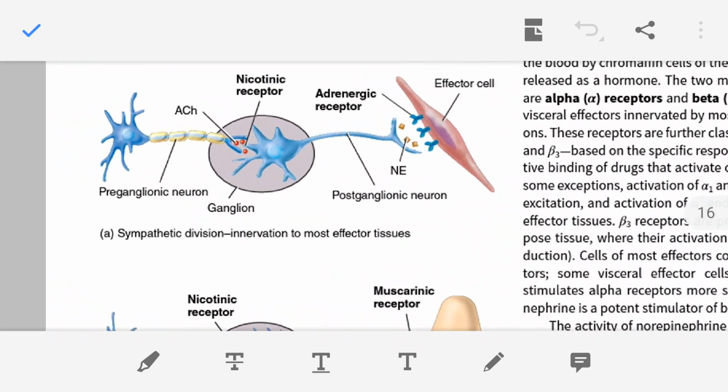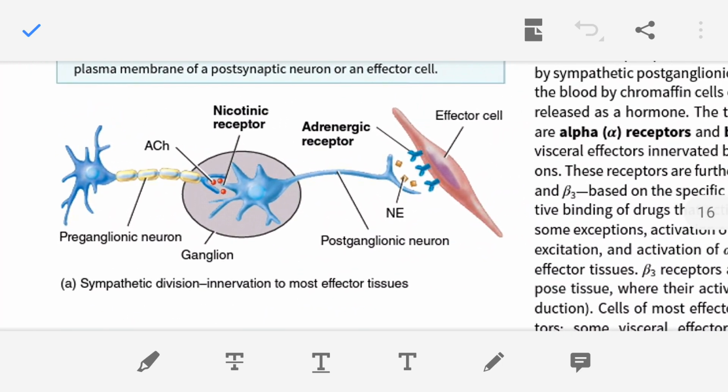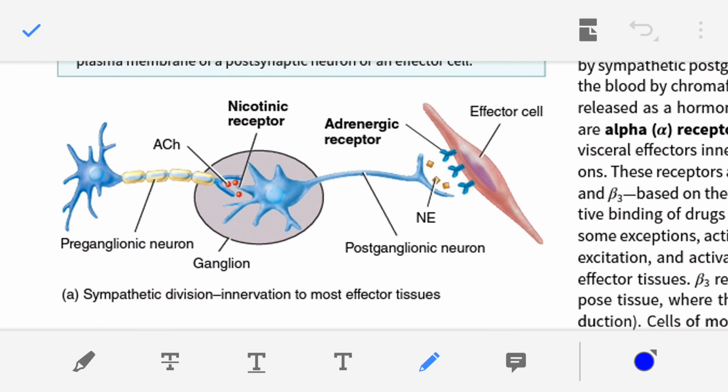So here let's look at this figure. This figure shows the sympathetic division, innervation to most effector tissue. In the sympathetic division, this is the preganglionic neuron, and the axon terminal releases acetylcholine as neurotransmitter.